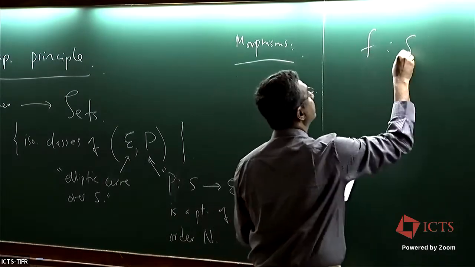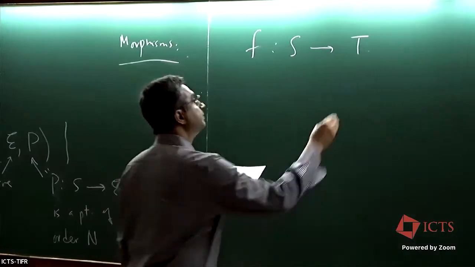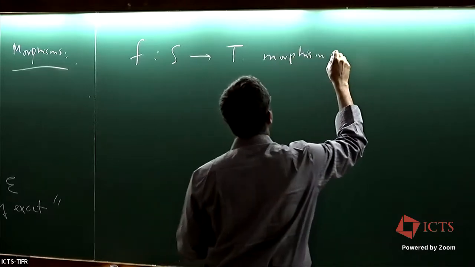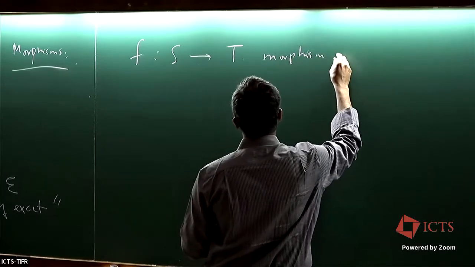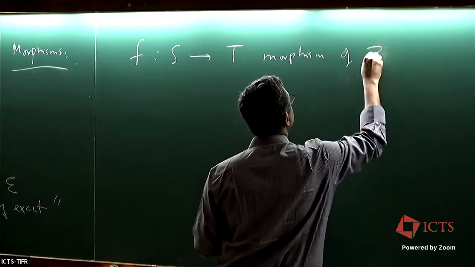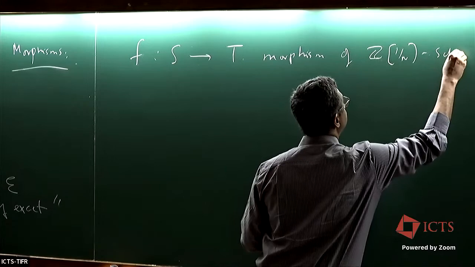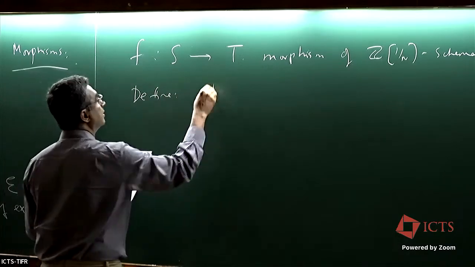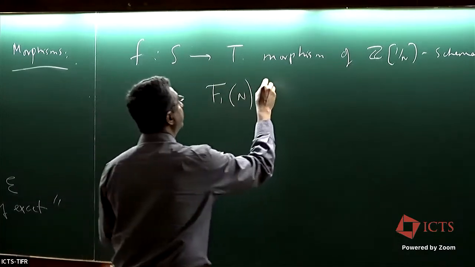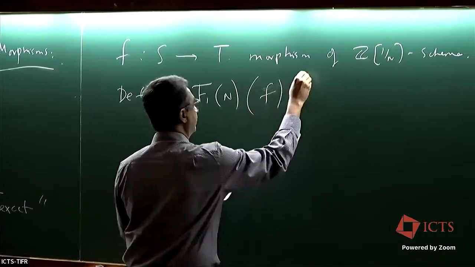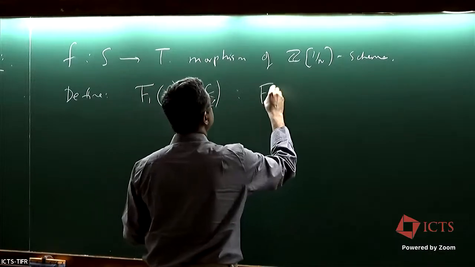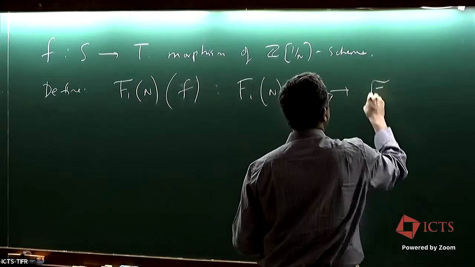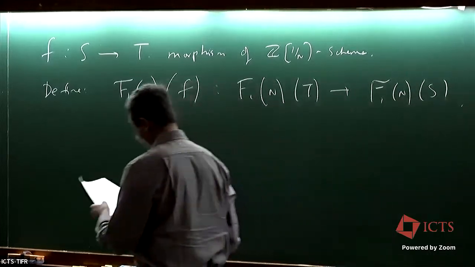And morphisms. So if f is a map of schemes, S to T, a morphism of schemes, you define F_1n(f), a map from F_1n(T) to F_1n(S), so a contravariant functor.